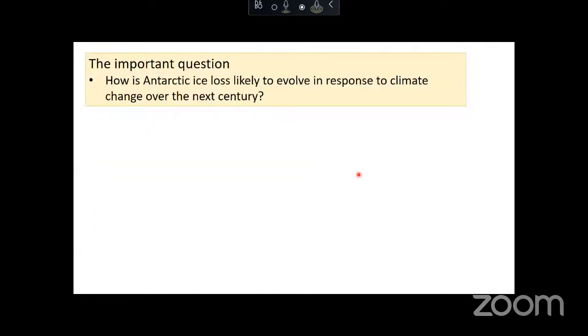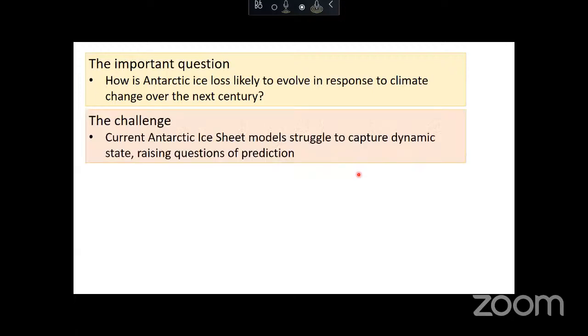So we come to an important question. How is Antarctic ice loss likely to evolve in response to climate change over the next century? The challenge there, then, is that current Antarctic ice sheet models struggle to capture the dynamic state of the actual ice sheet, which raises questions regarding predictions using those models.